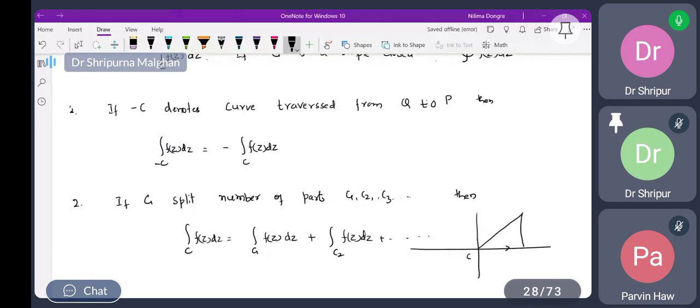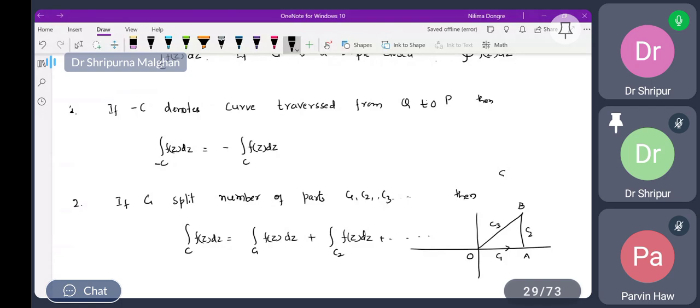Suppose this is O, this is A, and this is B. I want to evaluate along the closed curve OABO. So if I take this OABO as C, then from OA I'll take it as C1, from A to B I'll take it as C2, and from B to O I'll take it as C3, right?